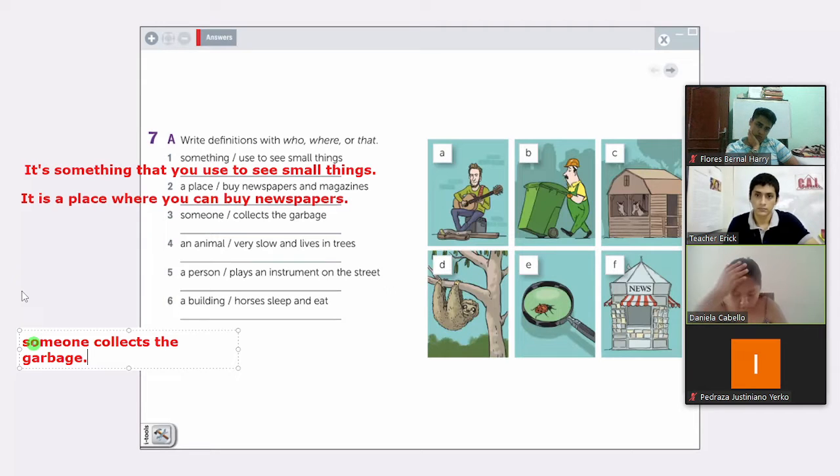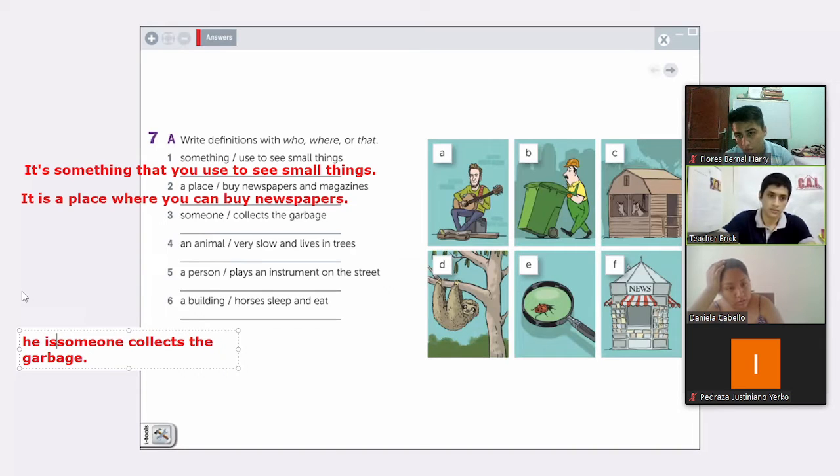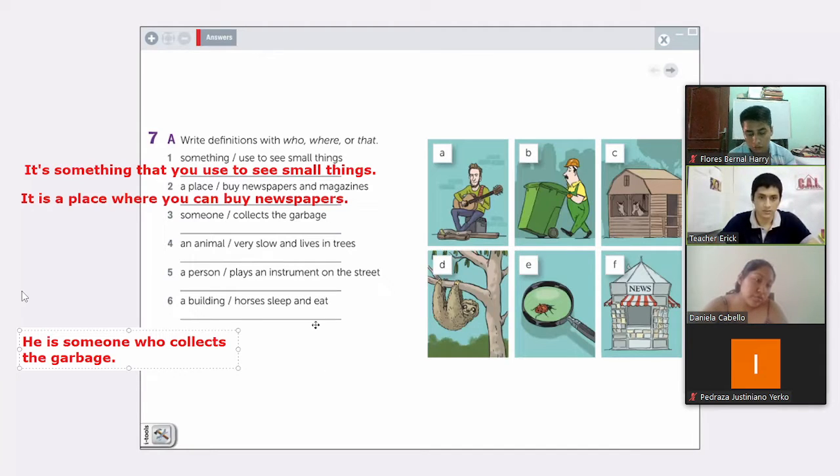Okay. Number 3, he's someone who collects the garbage. He is. Yes. Okay, he is someone who collects the garbage. Okay, thank you. So he is someone who collects.